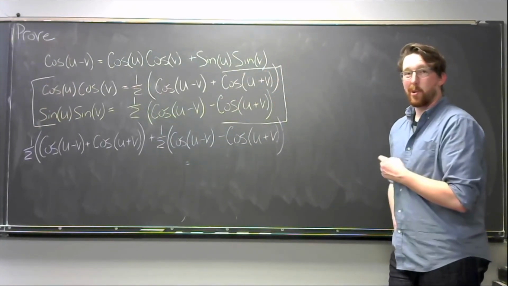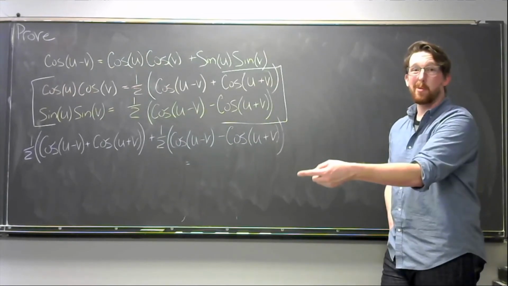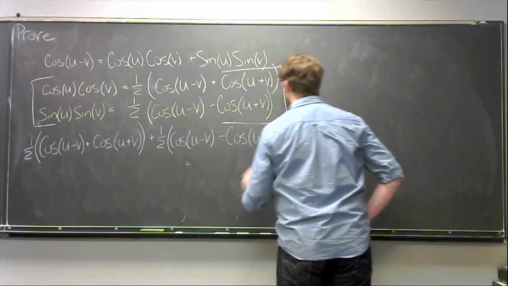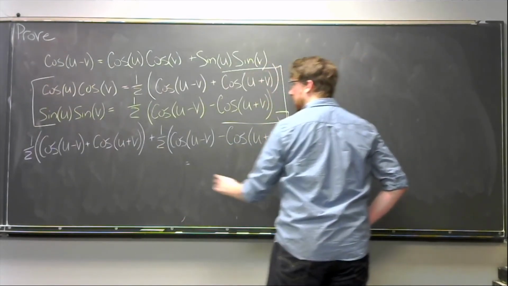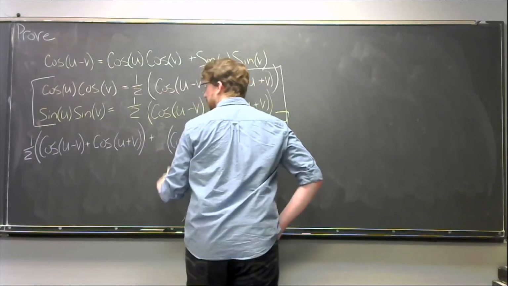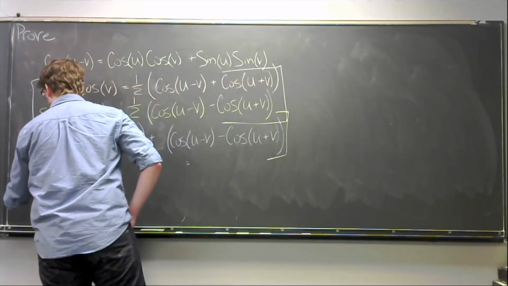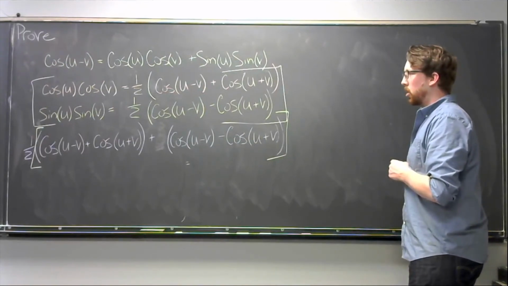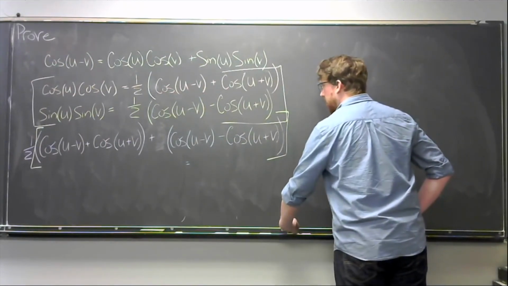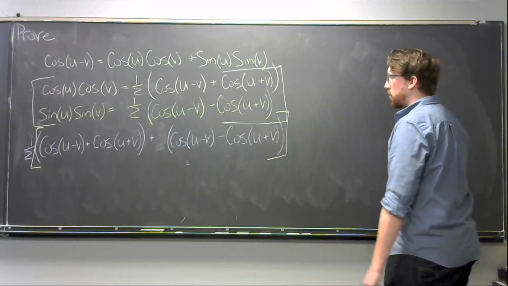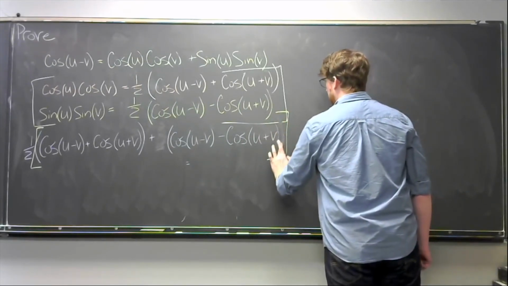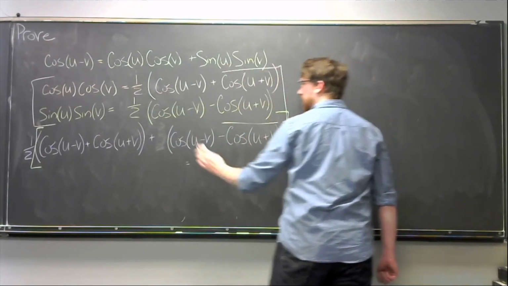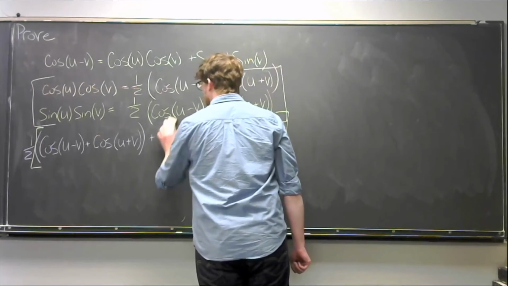Well, we can distribute the 1/2s through, or we can just factor them all the way out. I think it'll be easier to factor them all the way out. So doing that, it's going to look like that. But when we do this, notice that means we can drop some of these parentheses. Drop that parenthesis. Drop that one.